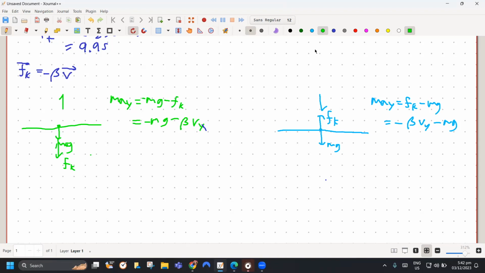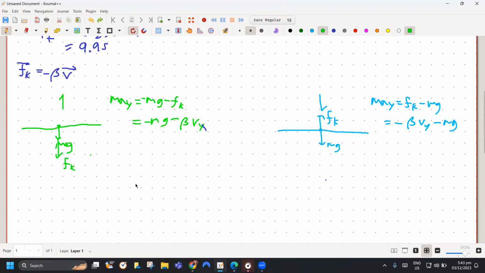So, kapag sinulat mo ngayon yan in components, anong vector equation? MA. Sulat mo yan sa vector equation, bago ka mag-solve.